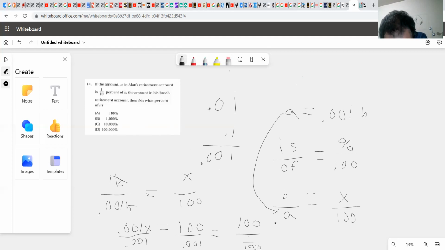If you remember, when you're dividing fractions, you can use keep, change, flip. So it will be 100, and then I'm going to flip this 1/1000. So it's going to be 100 times 1,000, and you wind up with an answer of 100,000.